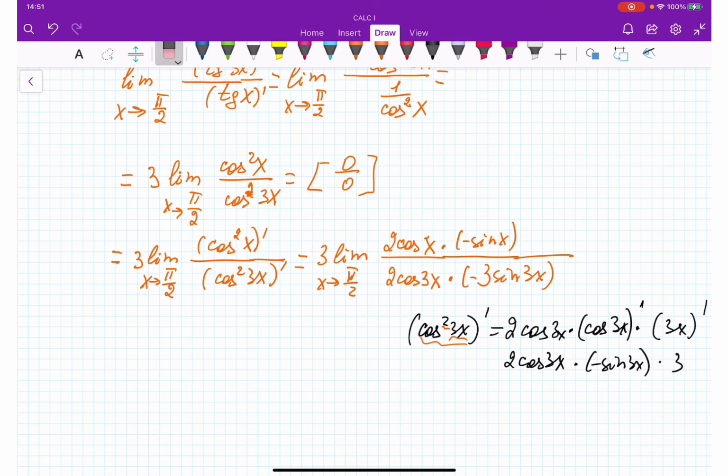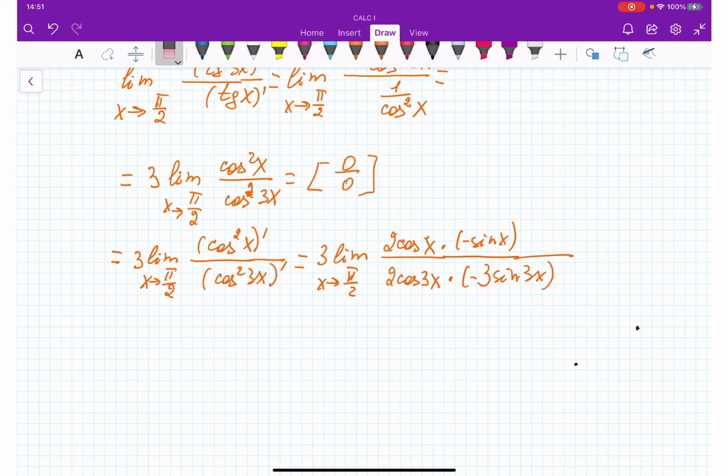So we are getting the limit. This 3 and negative 3 will be cancelled, right? Because this 3 has nothing to do with the limit. So we are going to get the limit as x approaches half a pi.